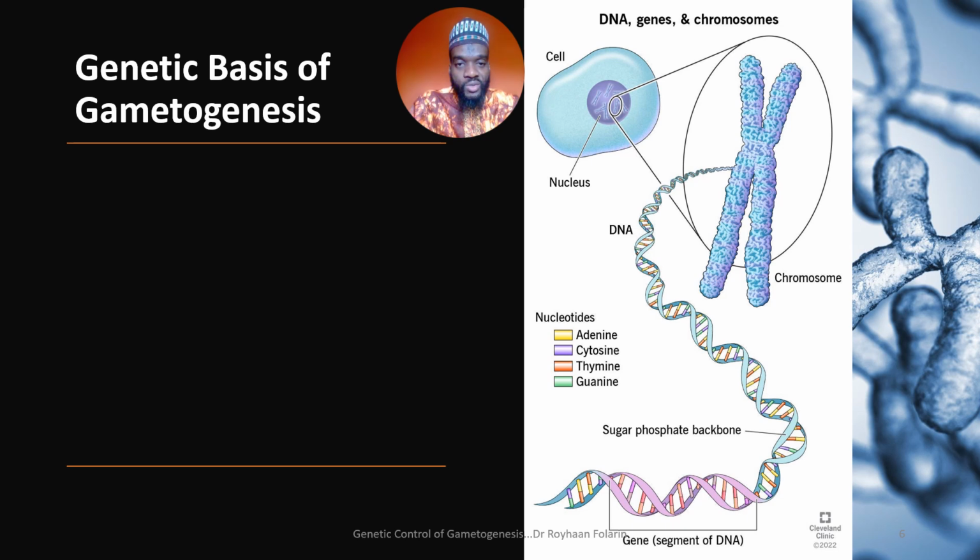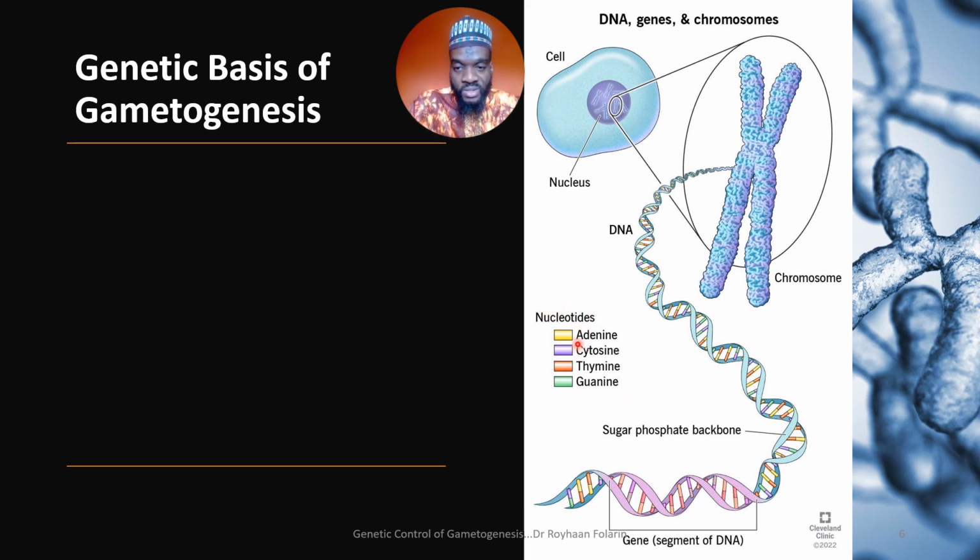So going further to understand the genetic basis of gametogenesis, here is the cell containing the nucleus, and within the nucleus you have these chromosomes that have been amplified here, and then taking this part of this chromosome, which is made up of the DNA double helix. So you have that, you can see the ladder. So the sides of the ladder, that's the sugar phosphate backbone, and then you have the steps made up of nucleotides, right?